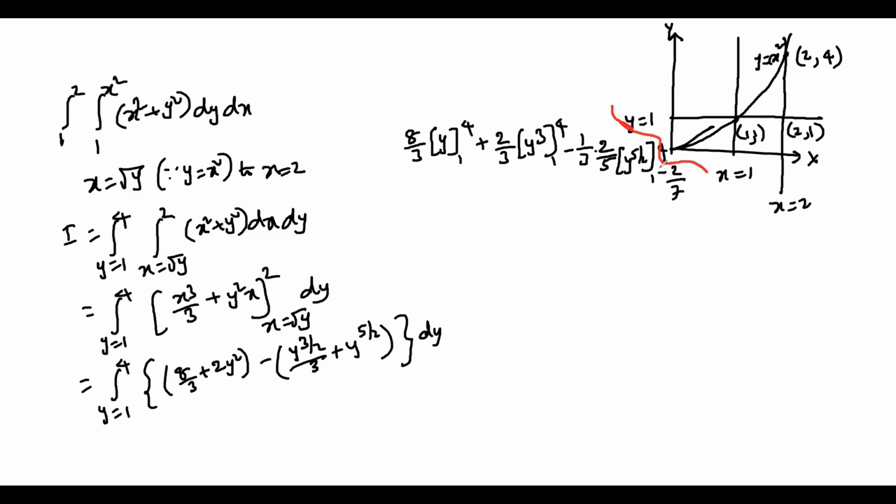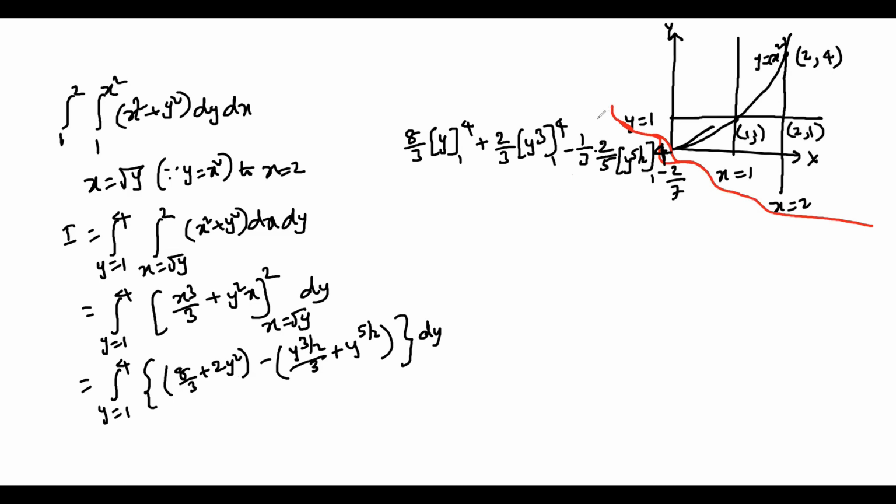Sorry, y by 2 power 4 will come. This is 4, y by 2 power 4 minus, substitute, 1 to 4, plus 2 by 3, y cube will come over here, y cube by 3, so 3 will come over here.